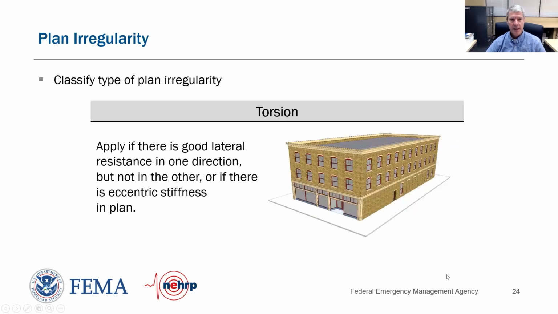Plan irregularities. So let's step into plan irregularities. The first one we'll talk about here is a torsion plan irregularity. Torsion is similar to a weak or soft story, but the weak or soft story is only on one side of the building. And so we see a sketch here of a 3-story brick masonry building, to where we've got the storefront at the first level being all glass, and then the other 3 sides around the building being pretty much solid brick walls with very few openings.